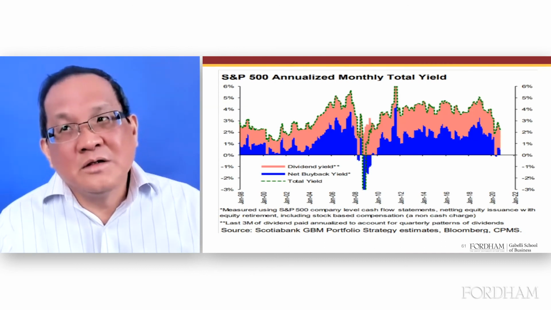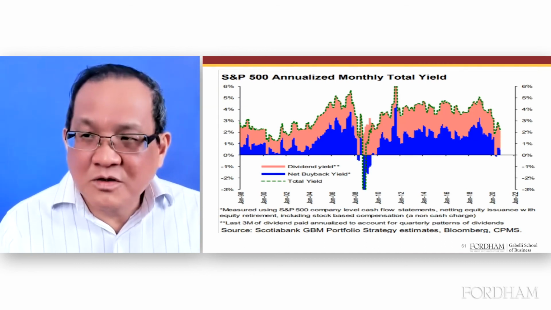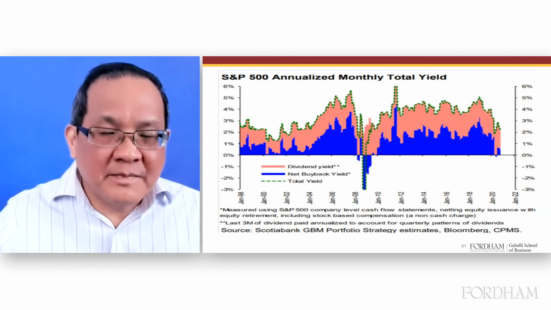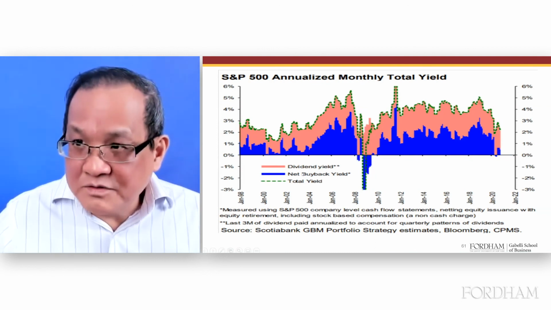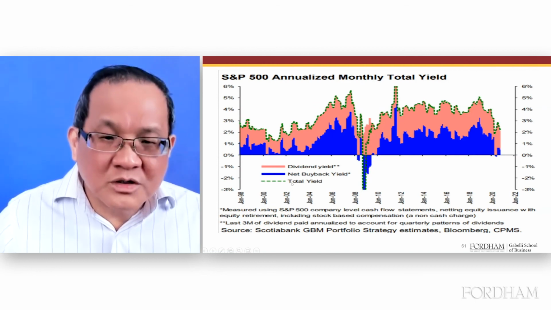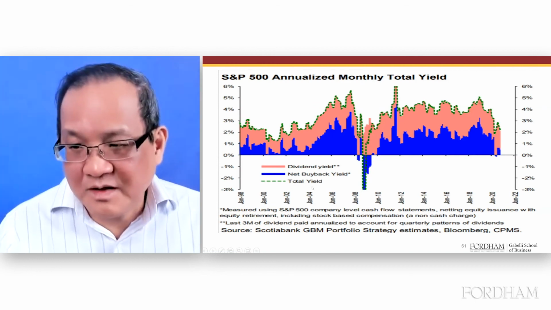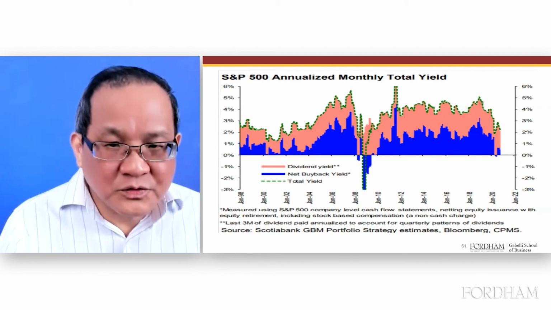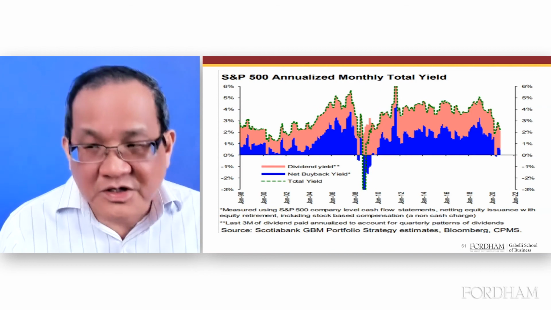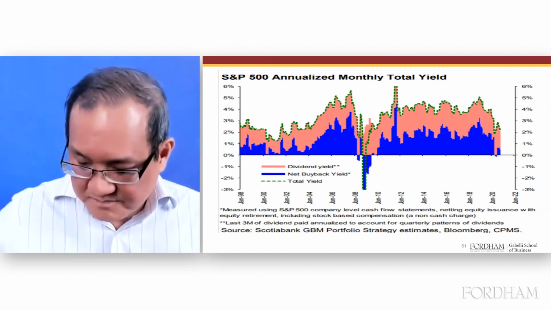For the yield, instead of just looking at dividend yield, we may want to take into consideration the net buyback yield and use the total yield instead, right? So this would be some enhancement if we want to do a higher level of research for the stocks.